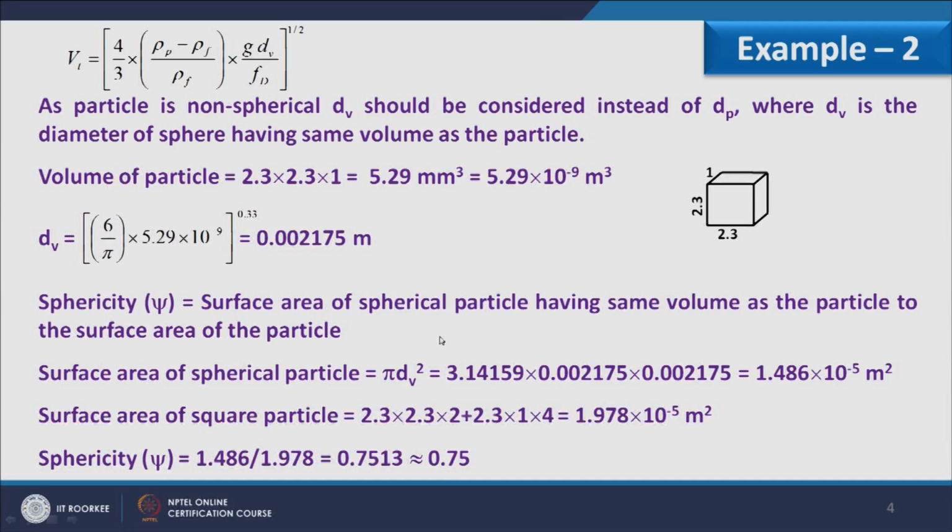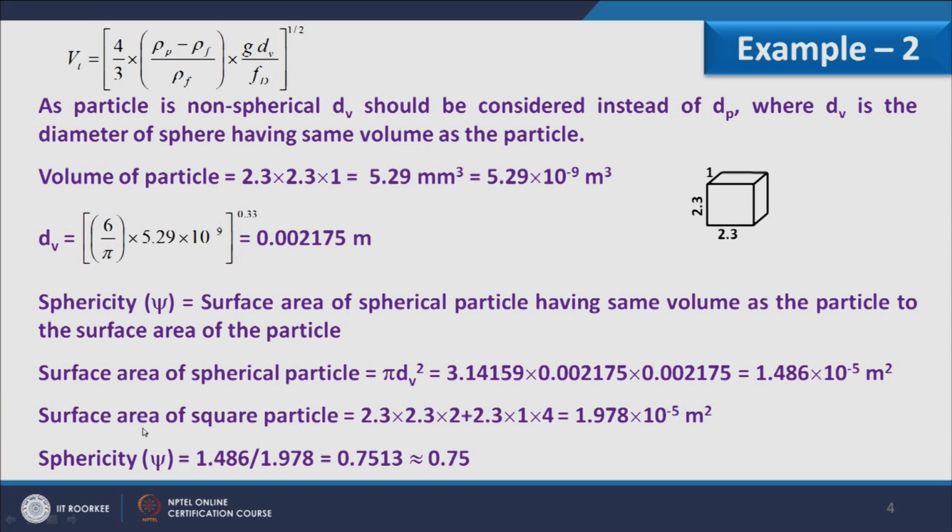To calculate sphericity, we define it as the surface area of a spherical particle having the same volume as the particle, to the surface area of the particle. For the spherical particle, we already know the volumetric diameter, so the surface area would be pi dv square. The surface area of the spherical particle comes out as 1.486 into 10 power minus 5 meter square.